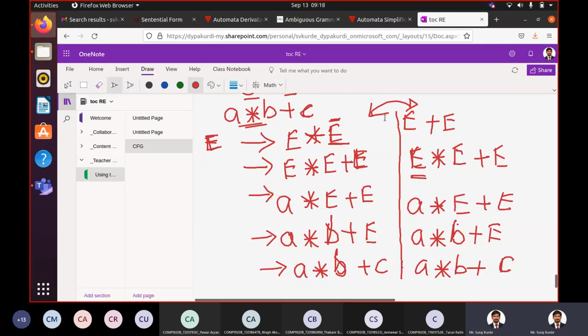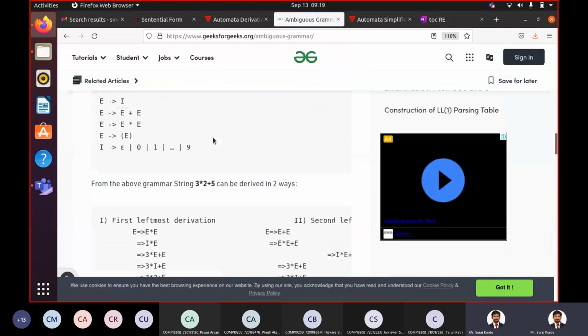Two derivations and two parse trees can be generated for the same string, for the same grammar and the same production rules. This grammar is an ambiguous grammar. That is what an ambiguous grammar is.